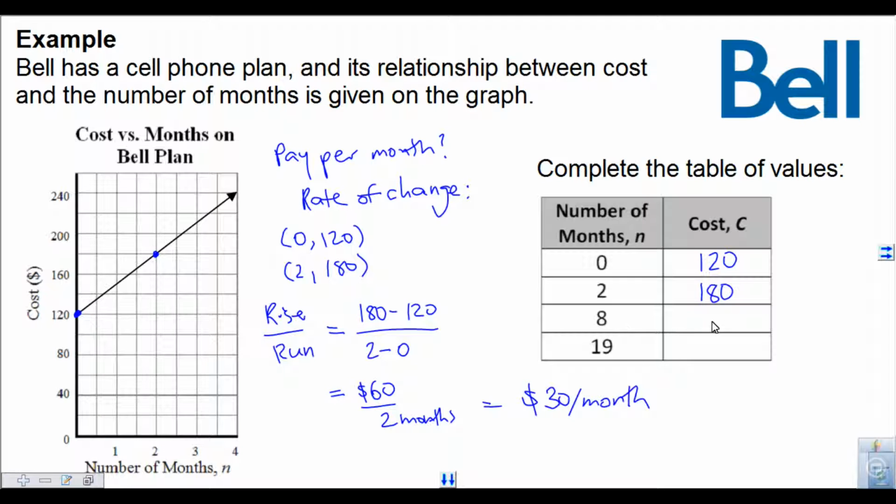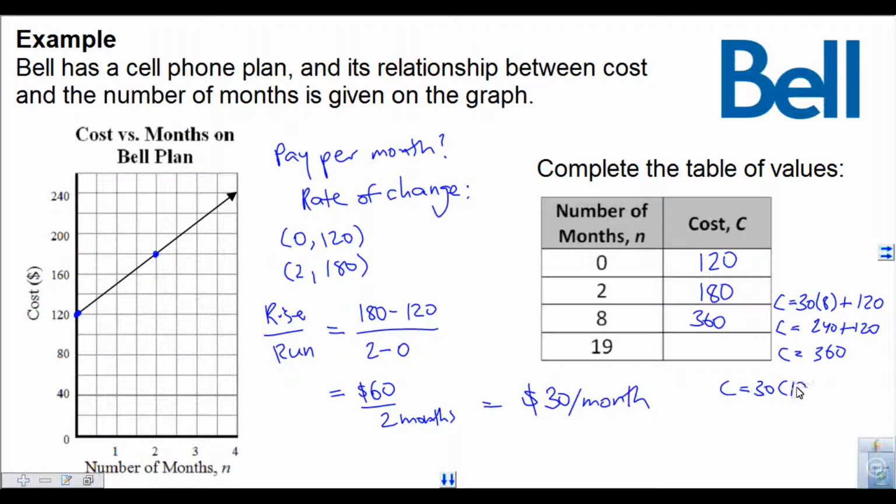So for 8 months here, we can figure out what the cost is. It's $30 a month for 8 months, and then we've got to add 120. So that's 30 times 8, that's 240 plus 120. So the cost is really $360. Now we can use that same method to find 19 months, right?